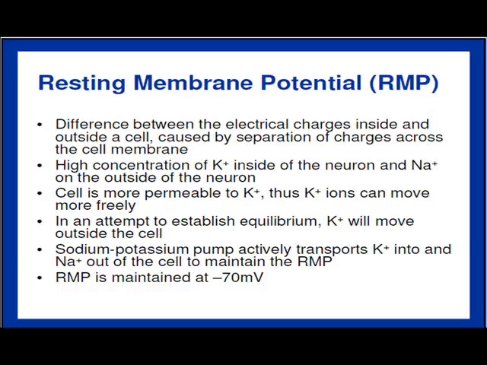Okay? It's negative. That's our resting membrane potential. The difference between electrical charges inside and outside the cell is caused by separation of charge across the cell membrane. That's our cell membrane right here.